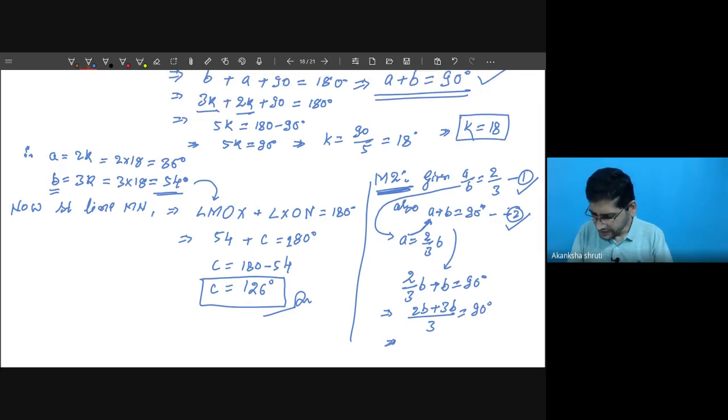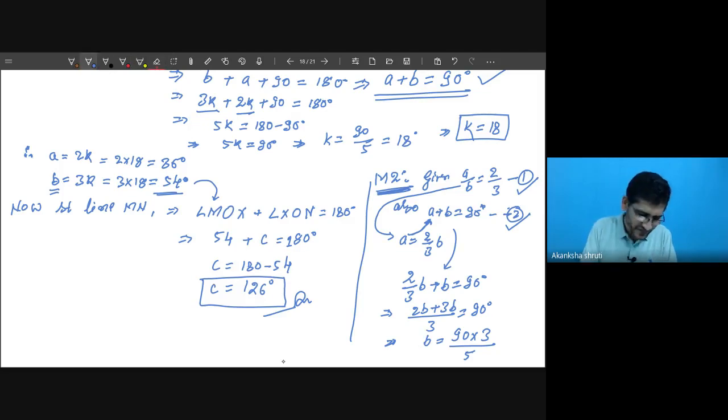You can get from this 5B is equal to 90 into 3. Ultimately B is equal to, bring this into the denominator and remove this from here. What is this value?